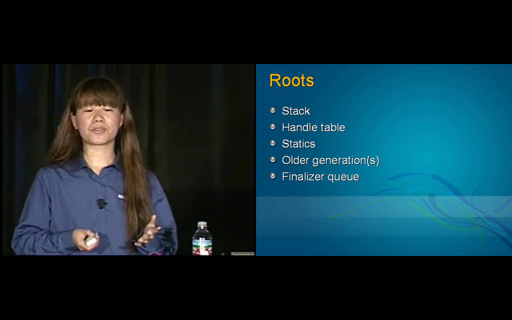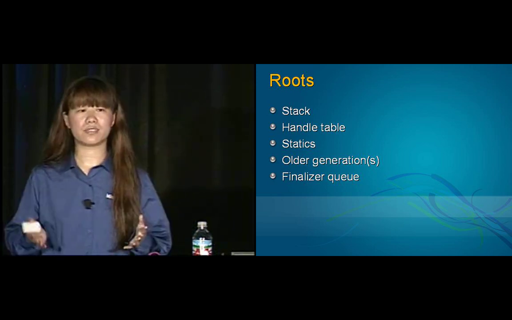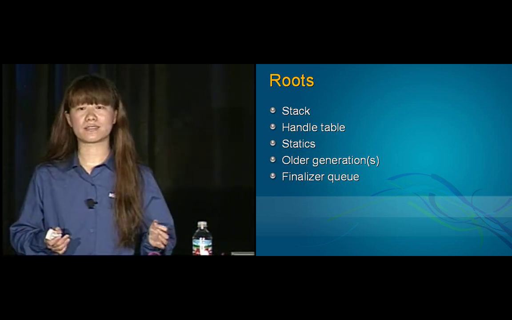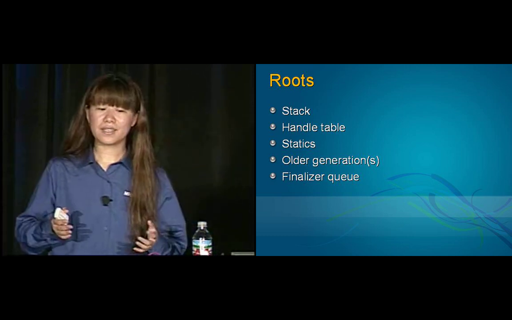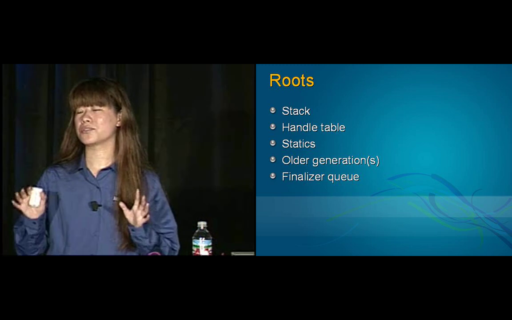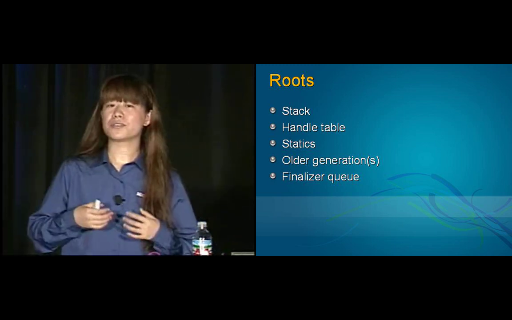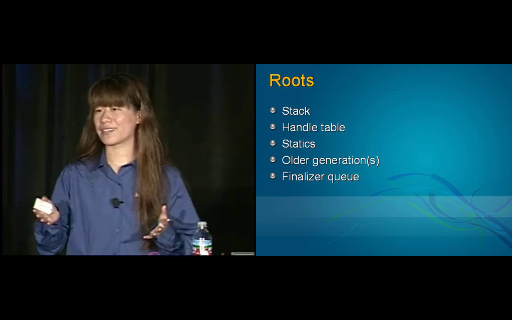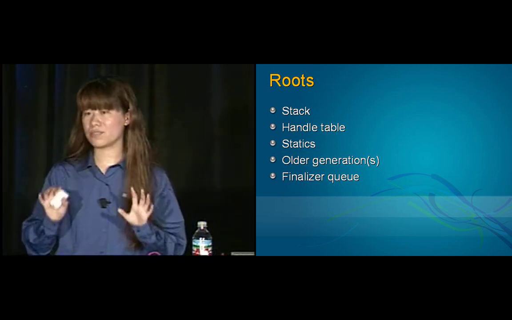The next category is references to objects in the young generations from the older generations. For this part, GC actually does all the work. So let's say you're doing a Gen 1 collection, meaning that you're now collecting Gen 1 and Gen 0.